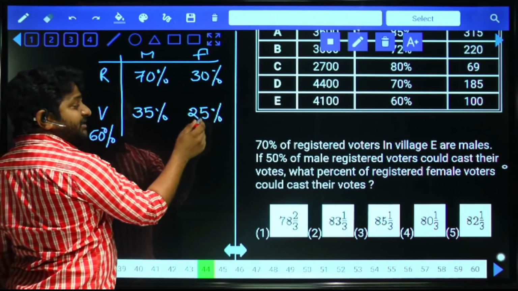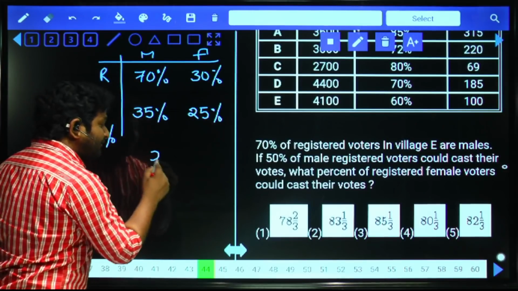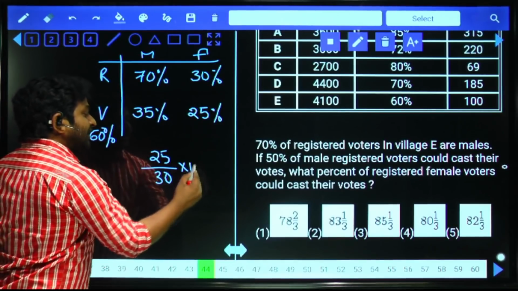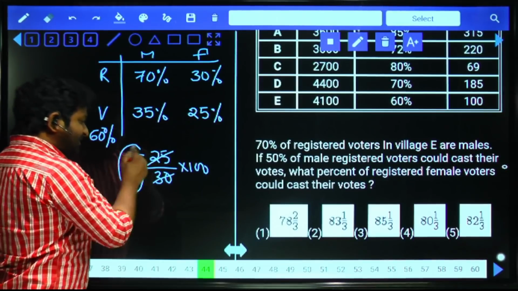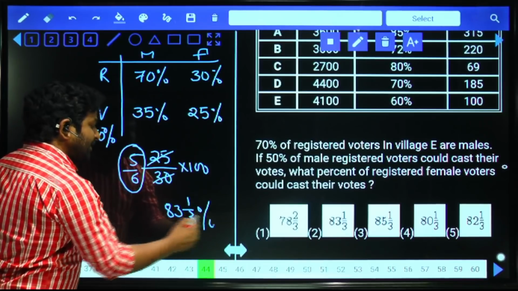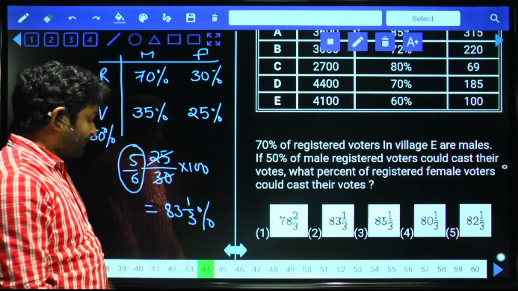Now your question is, what percentage of female voters cast their vote? So 25 out of 30% into 100. 5 times, 6 times. 5 by 6 in the sense 83 1/3%. Direct. Instead of going for conversion, directly you can answer it.